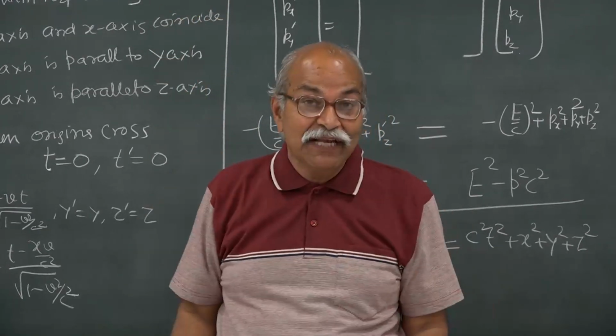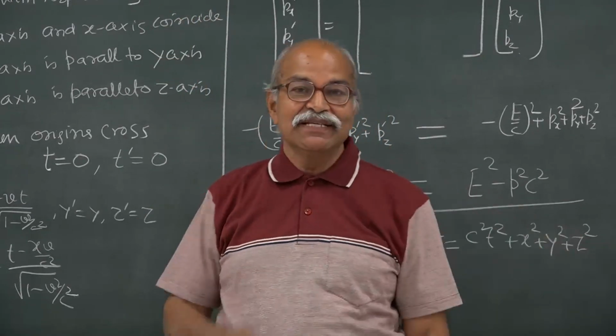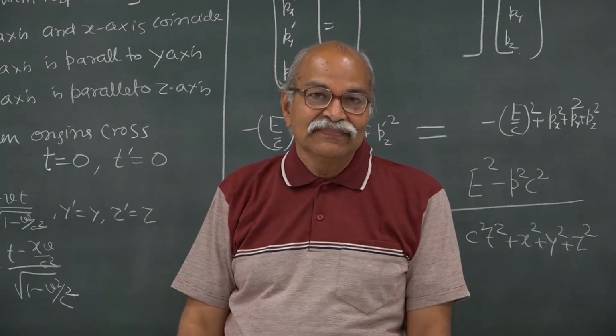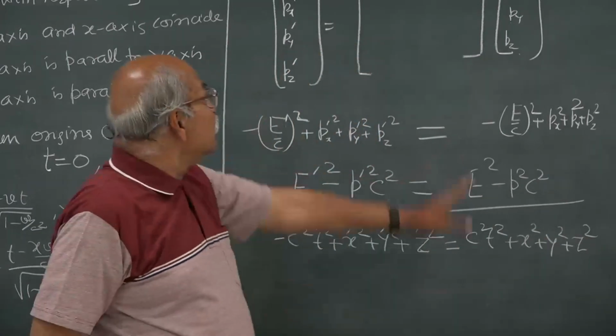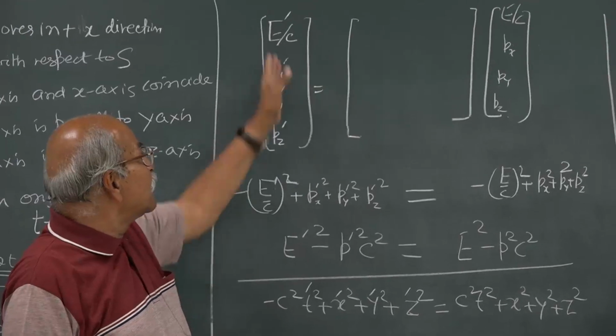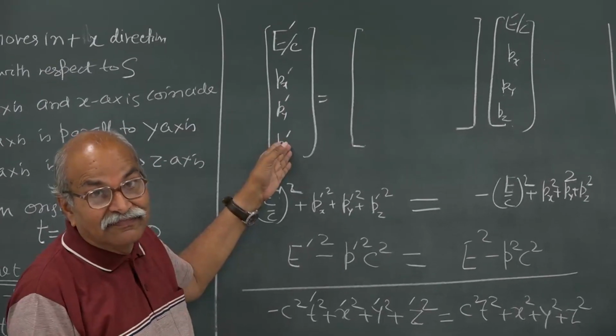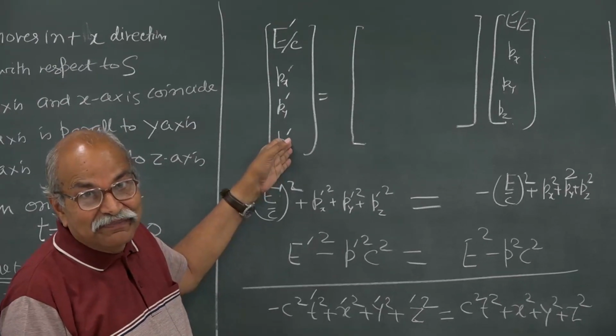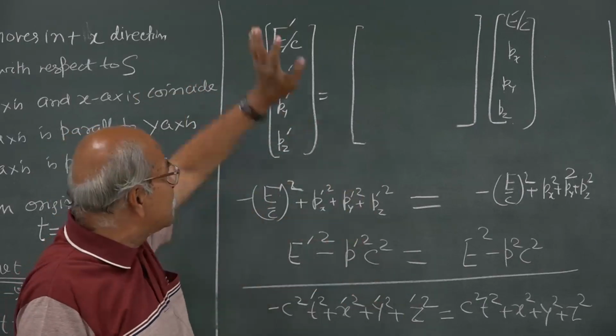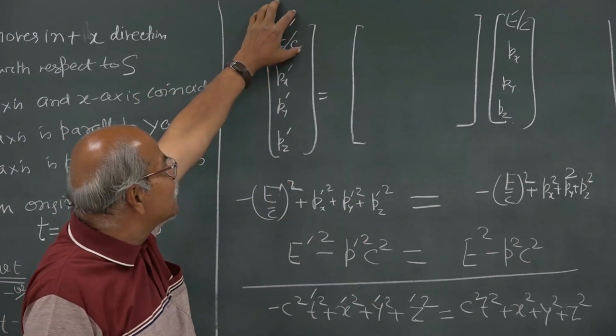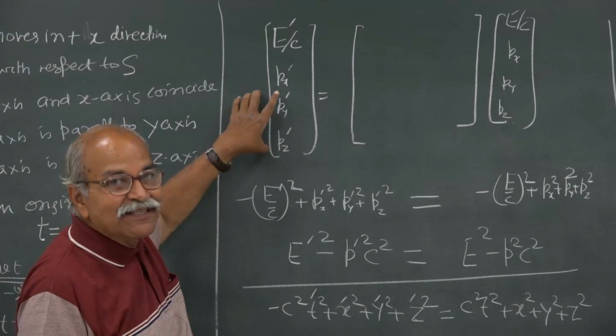When you choose a frame, you fix what is space and what is time. Similarly here, energy and momentum are mixed up. In one particular frame, yes, you have a separate existence of energy and of linear momentum.